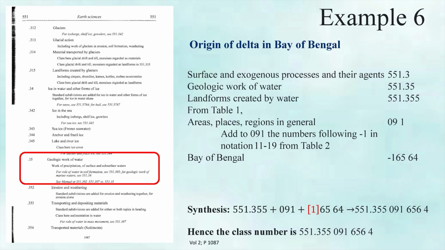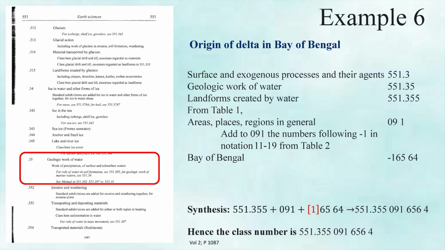The geologic work of water, as water is a natural phenomenon, its geologic work is under 551.35. Then, as you know, delta is a kind of landform that is created by water during the course of its movement. So, the landform created by the water is in 551.355. That is the number we have to get for origin of delta.